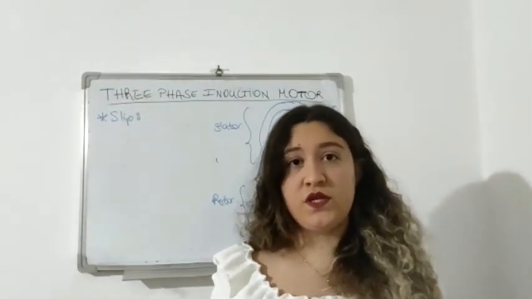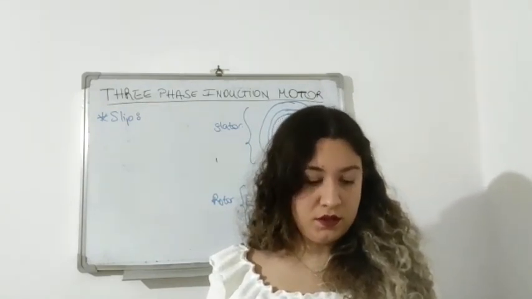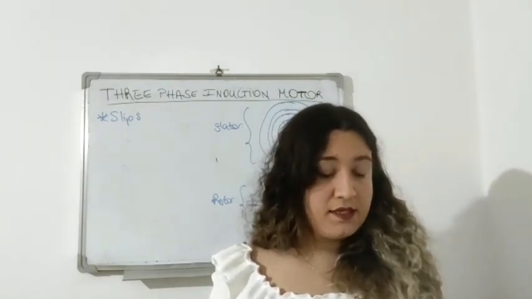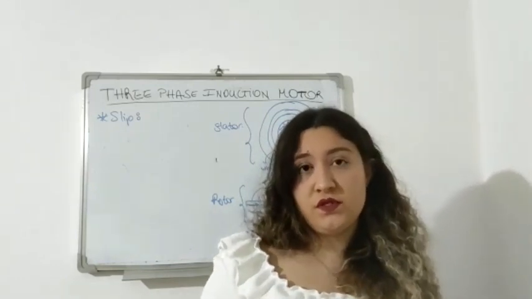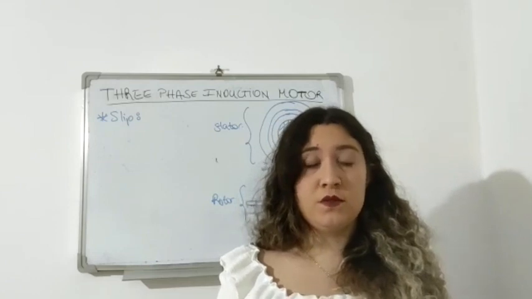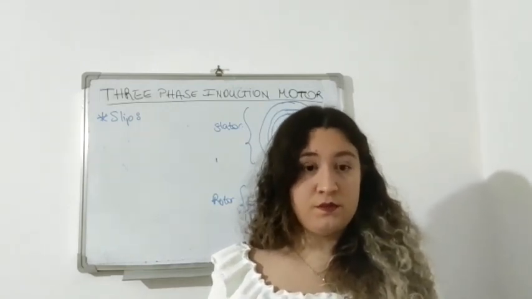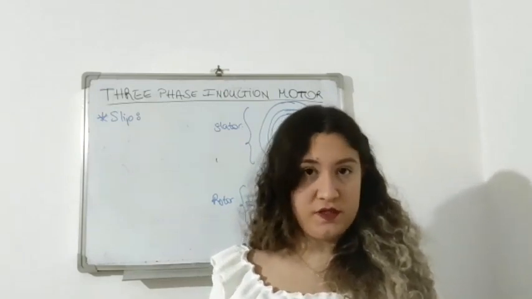Now I want to talk about the slip of the three-phase induction motor. Slip is defined as the ratio of the slip speed to the synchronous speed. Slip is generally between 2% and 5%, and it is also defined as a measure of the difference between the machine's speed and its shaft speed.